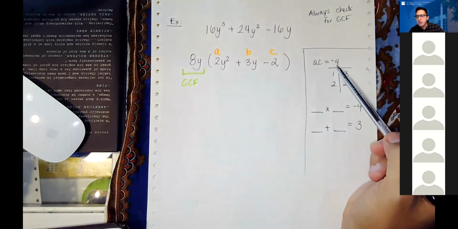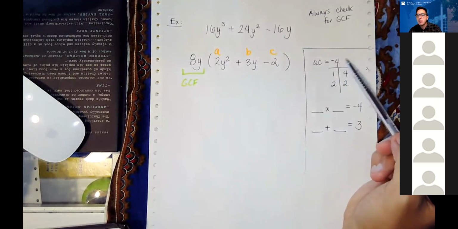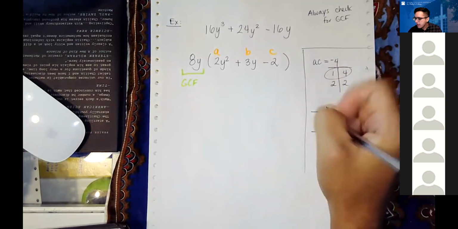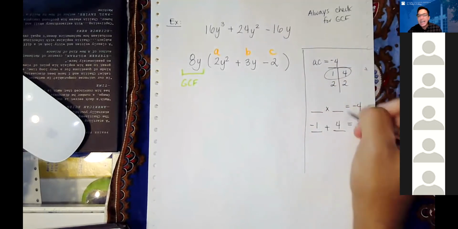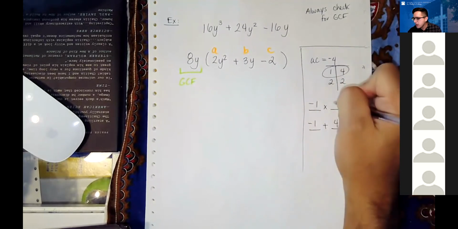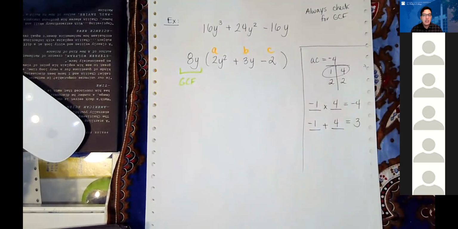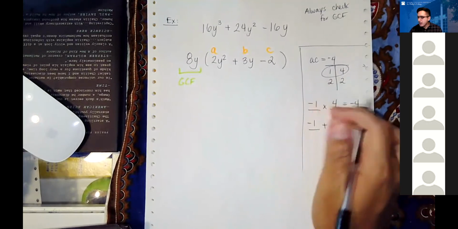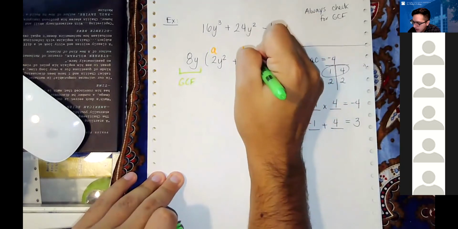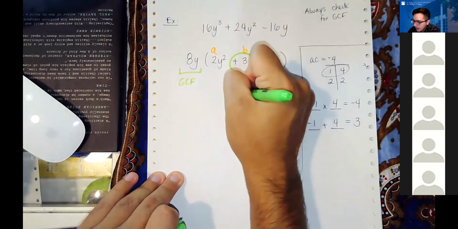So we can figure out which number we're going to make negative. In this case, if we make it a -1 and a 4 and add those together, that will give us our 3. And then -1 times our 4 will give us our -4. So these are the factors that satisfy the condition that we need. We can go back to this trinomial and take that middle term and break it up.